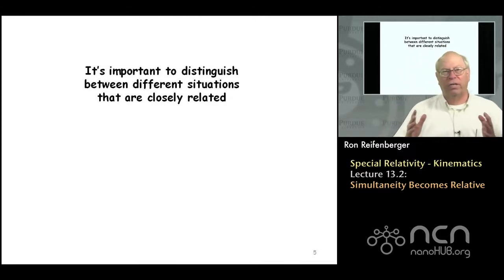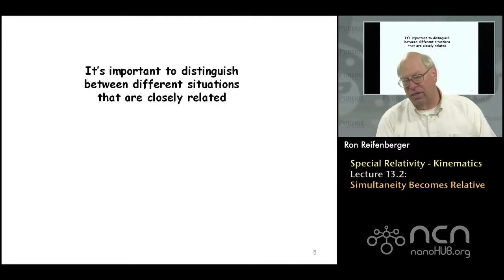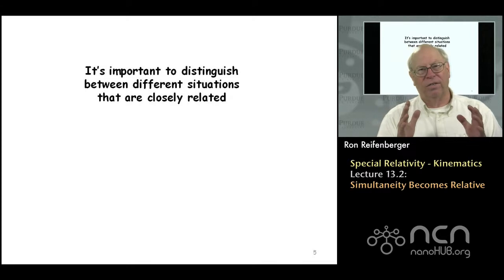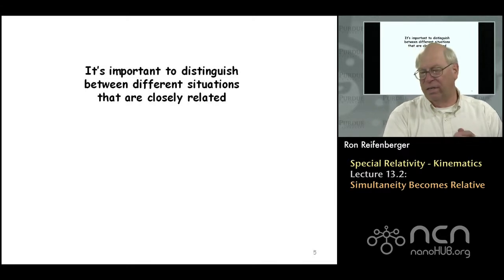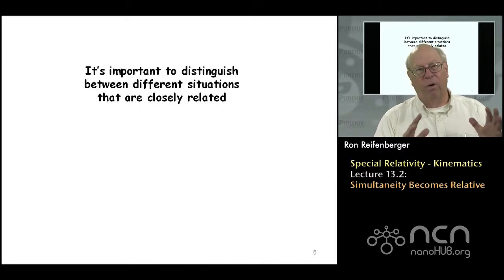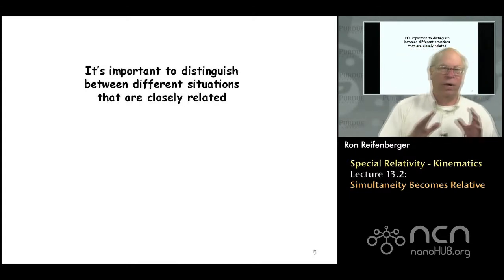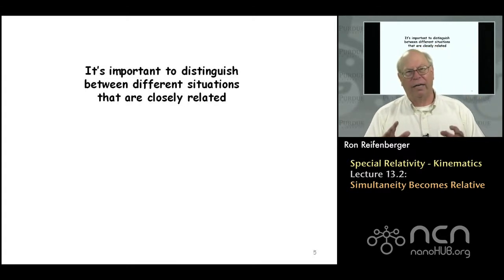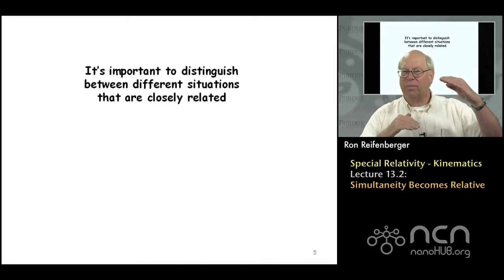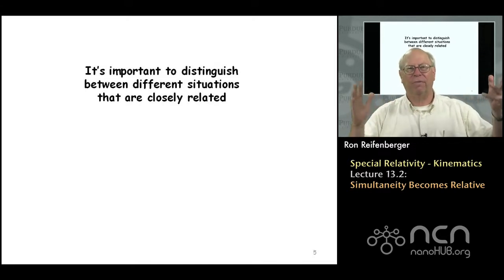So in order to help you appreciate some of the subtleties of the discussion we just conducted, it's important for you to be able to distinguish between different situations that are very closely related. Perhaps if you read the textbooks, you won't pick up on the fact that sometimes we're talking in one set of terms, and in another problem in a completely different set of terms.